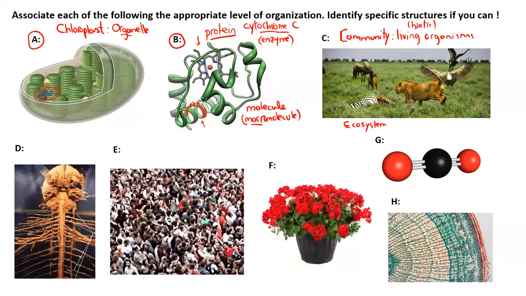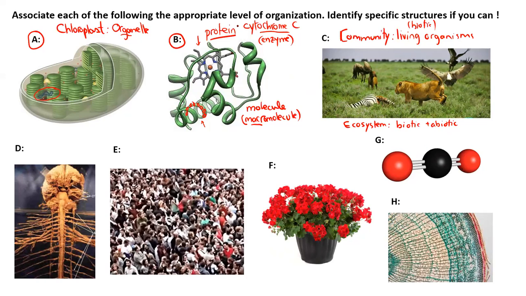But if we consider there's some soil, some air, the wind is blowing, there's probably some water, it could be an ecosystem as well. This would be biotic and abiotic elements.